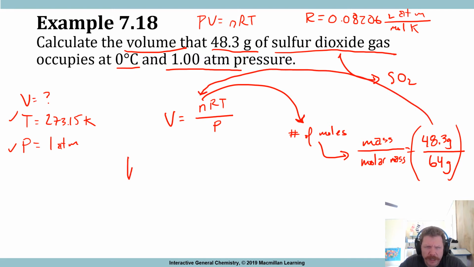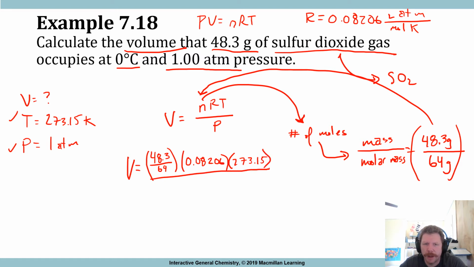So we can rewrite this as volume is equal to 48.3 divided by 64. I'm going to put that in parentheses, times R, which is 0.08206, T is 273.15, and I'm going to divide all of that by my pressure, which is 1 atmosphere.